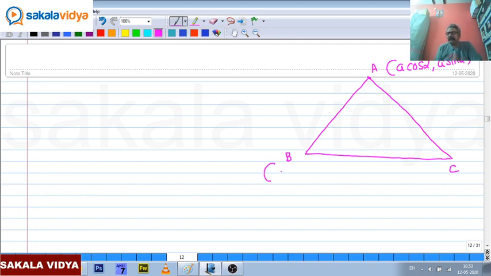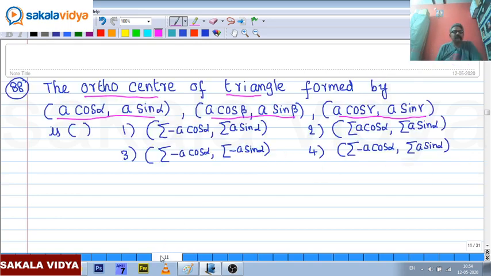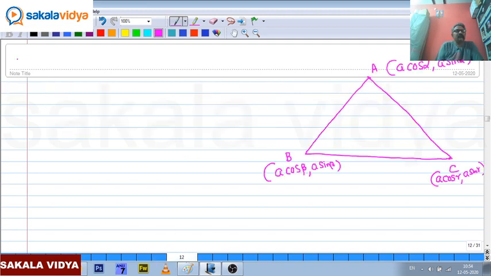This is a cos beta comma a sin beta. Now this will be a cos gamma, a sin gamma. Okay, now question number 88 solution.